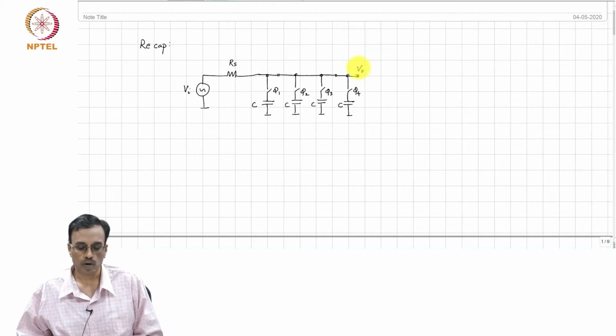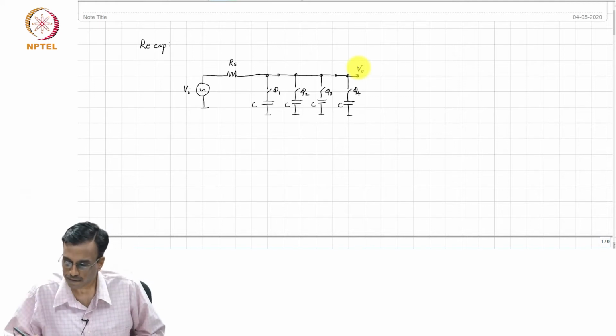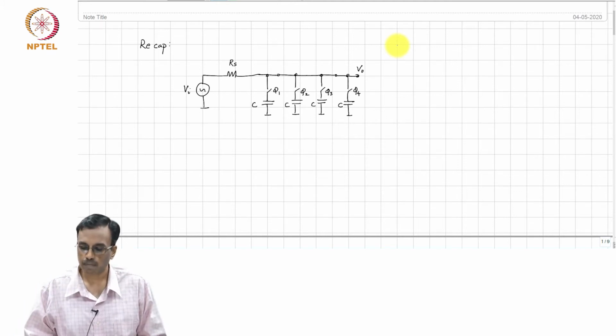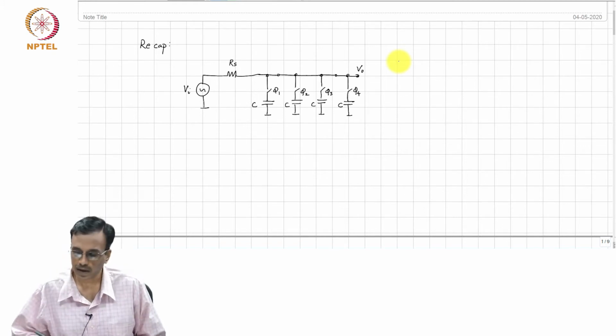As we were talking about this the last time around, the intuition behind the circuit is the following. At this present time, let us not worry about how this circuit came about in the first place, right.